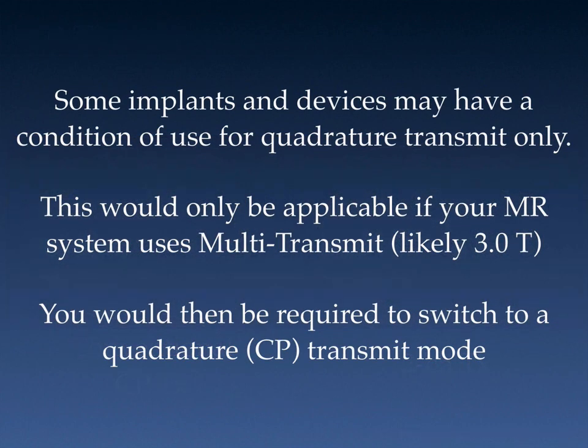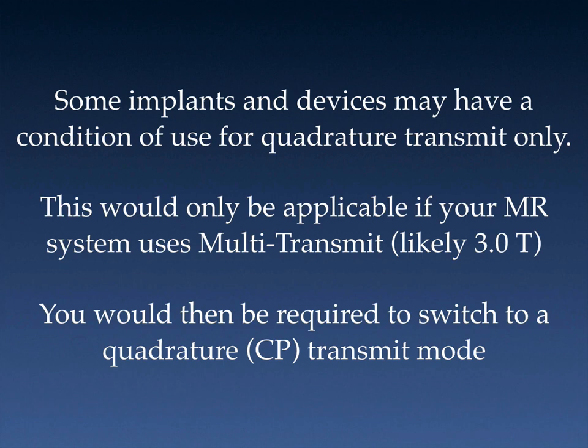It is important to understand that B1 transmit using multi-transmit coil technology is different than transmitting with standard circularly polarized coils, because some implants and devices may have a condition of use stating that RF transmit should be done only using a quadrature transmit body coil or quadrature mode, not multi-transmit.